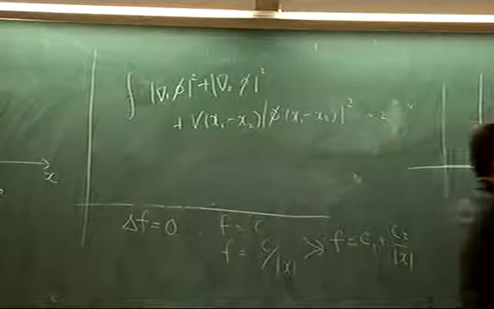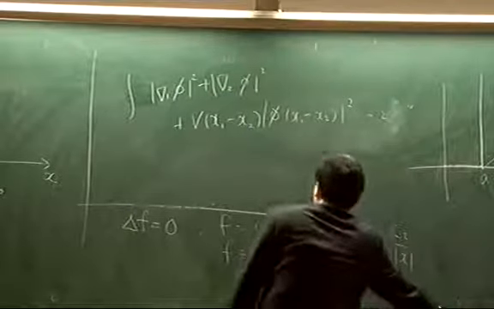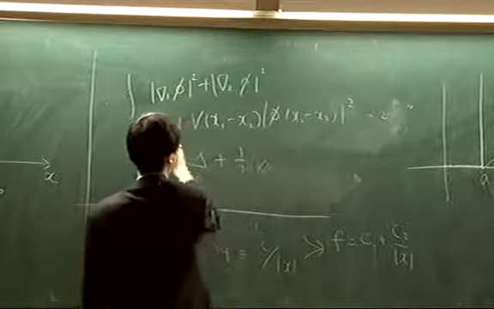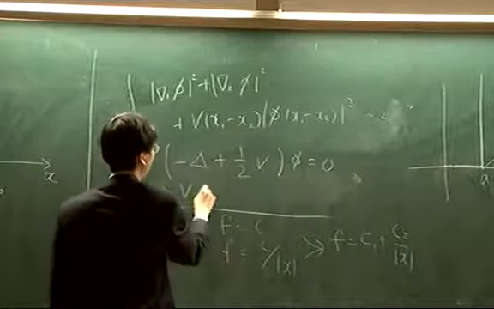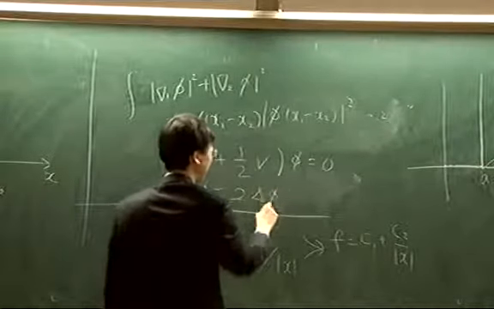The problem is that we can rewrite this V by using the zero energy scattering equation, so that minus Laplacian plus 1 half V phi equals 0, or V phi equals 2 times Laplacian phi.